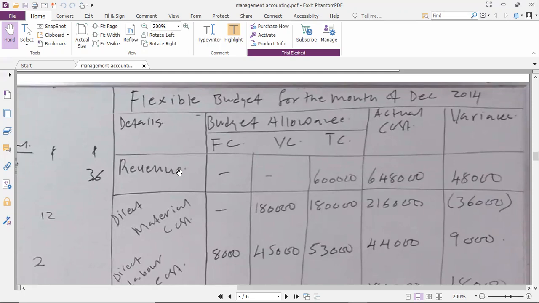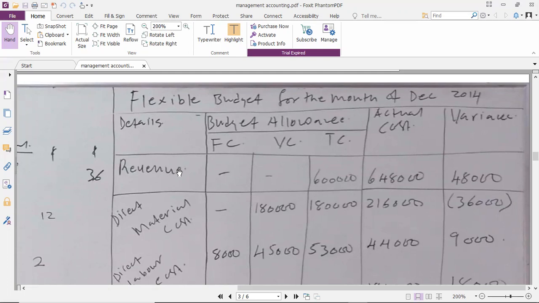Flexible budget for the month of December 2014 for an output level of 18,000 units.